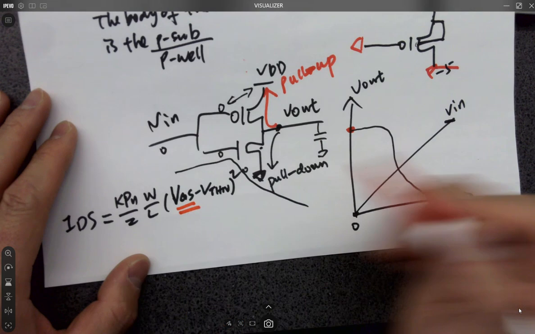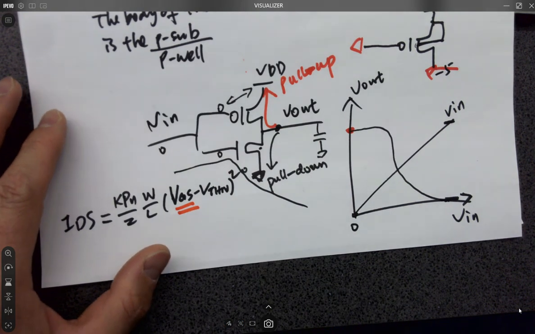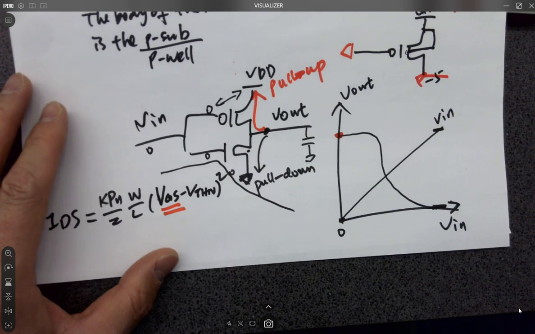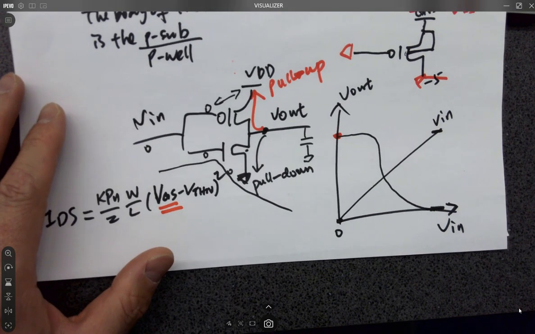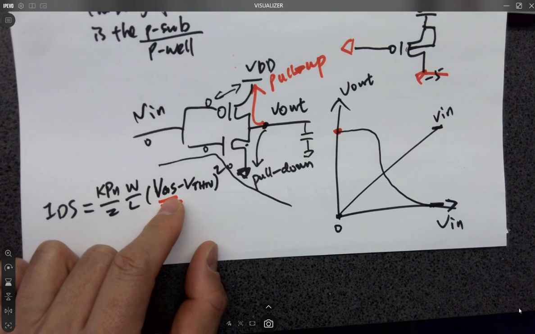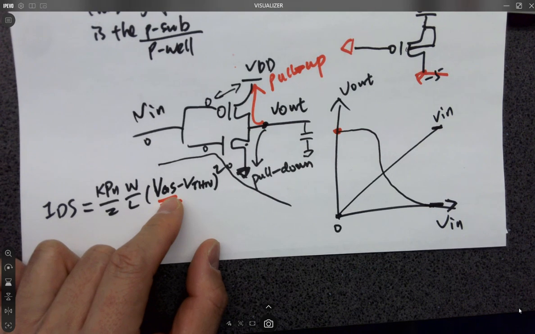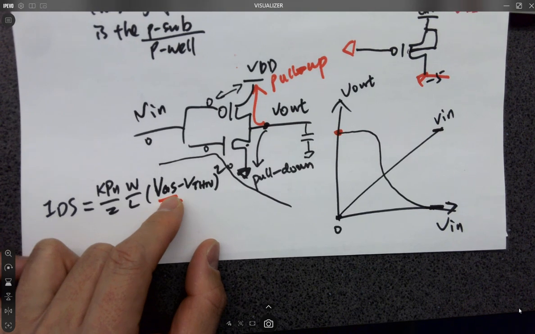Can we control VGS in digital circuits? We can in analog, but in digital, can we control it? Usually, we don't vary it because it's basically just 5 volts, VDD to ground. In digital circuits, there are no intermediate values. VGS is basically just VDD.